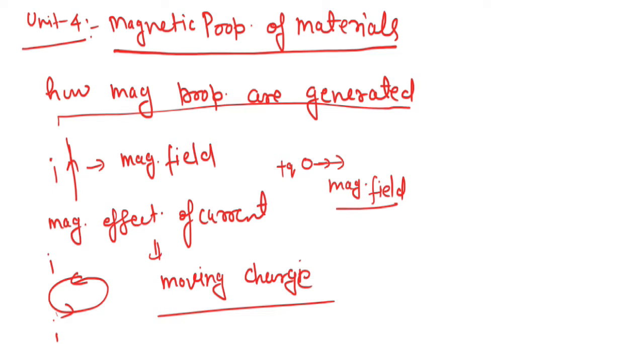And if this is static, meaning the charge is not moving, this will generate an electric field surrounding this charge. But if charge is moving, it will generate magnetic field.